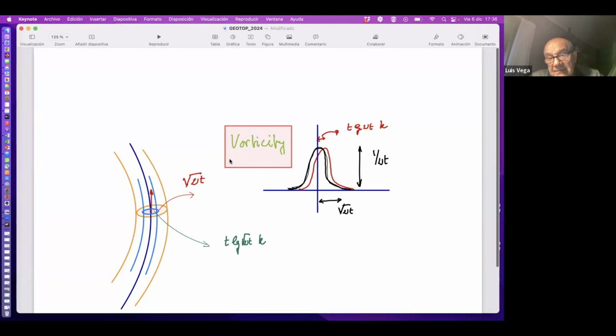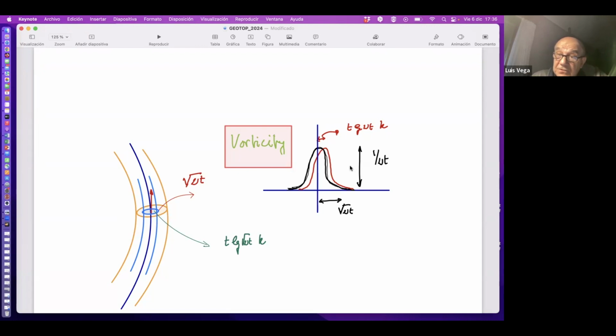What I'm saying is that I'm describing the vorticity inside the viscous tube, and the one you see in black here is nothing but the Lamb-Oseen vortex, which, if you have a straight filament, is the Gaussian, where the variance is the square root of nu t, and the amplitude is like the inverse of nu t.